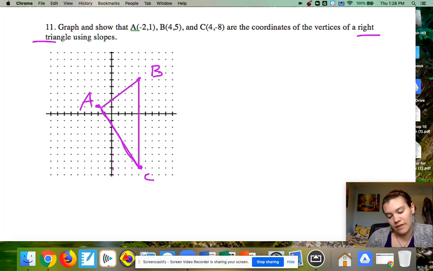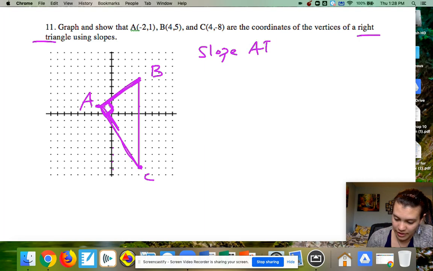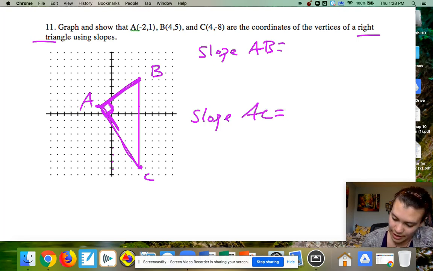All right. And then here we want to prove that this is a right triangle. So looking at this, it looks like this angle is probably the best bet to be a 90-degree. So we want to prove that this slope and this slope are perpendicular so that we end up getting a 90-degree. So you want to find the slope of AB and the slope of AC. So AB, you want y2 minus y1 over x2 minus x1.